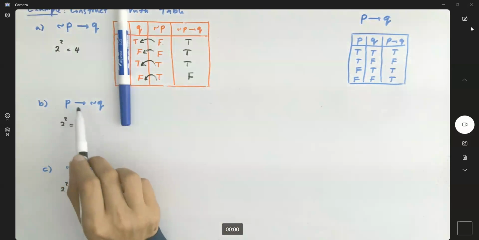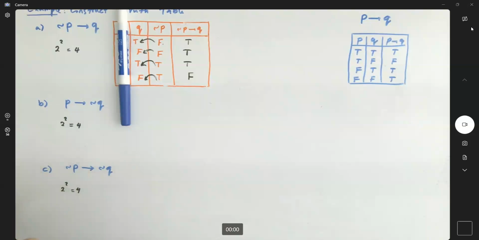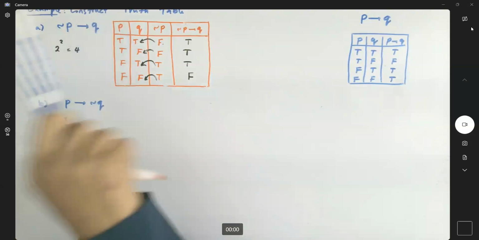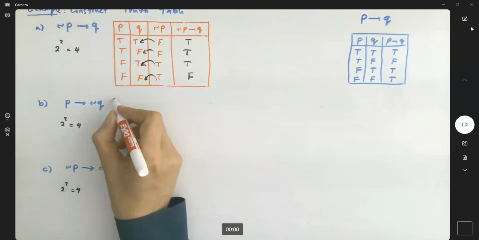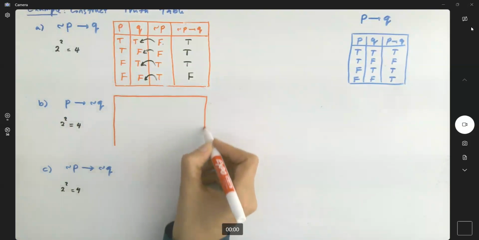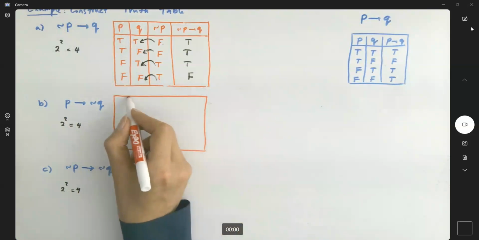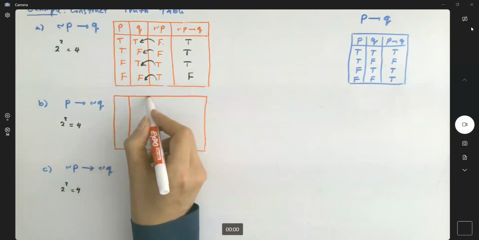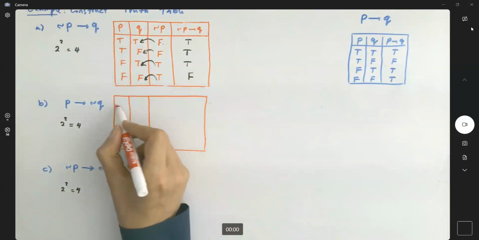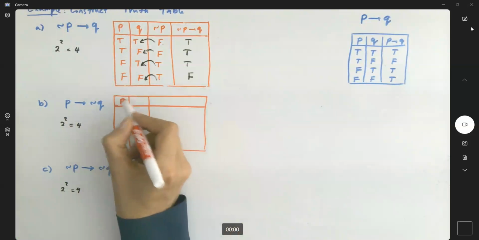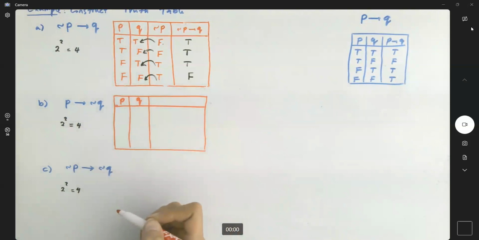What if I have P, then not Q? Okay, let's see. So far, I must have P and Q. These two columns are fixed.